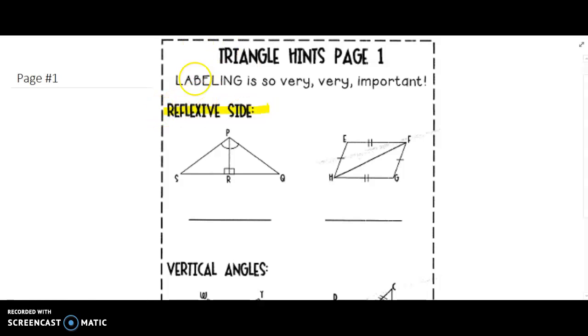Now I also want to note that there's such a thing as a reflexive angle as well. A reflexive side is when 2 triangles share a side, or a reflexive angle is when they share an angle.